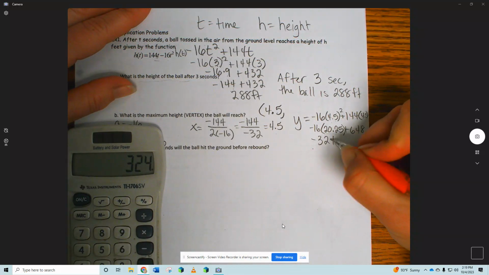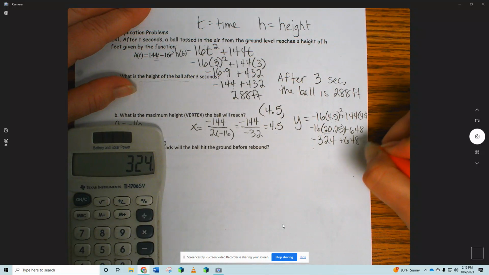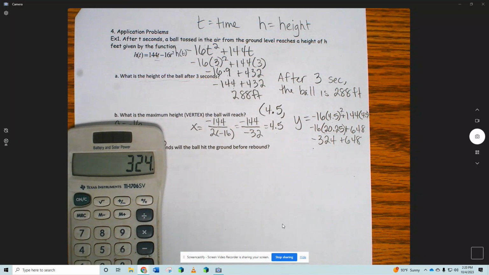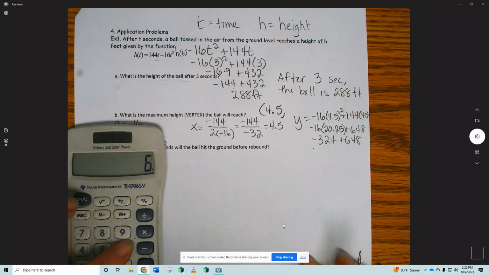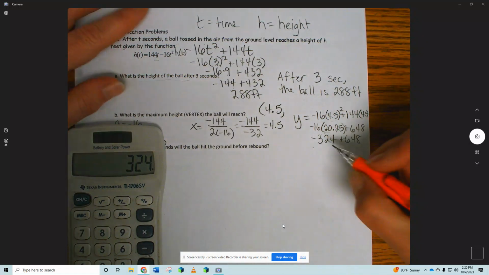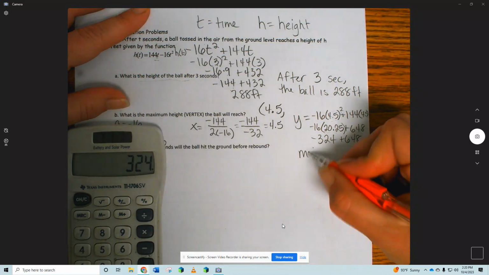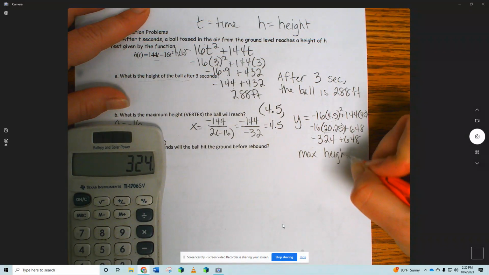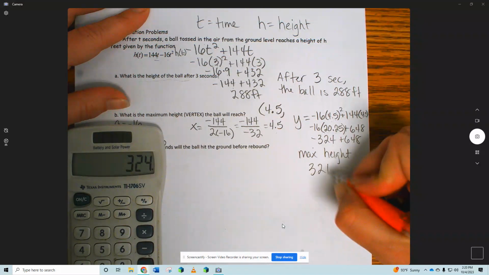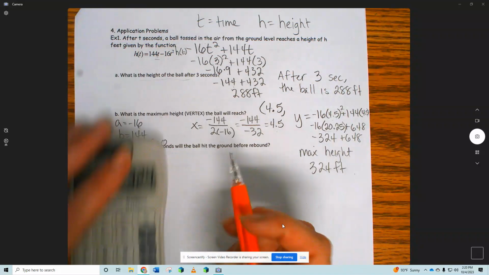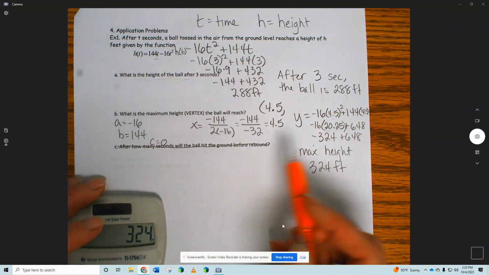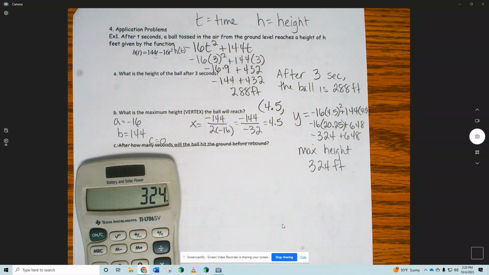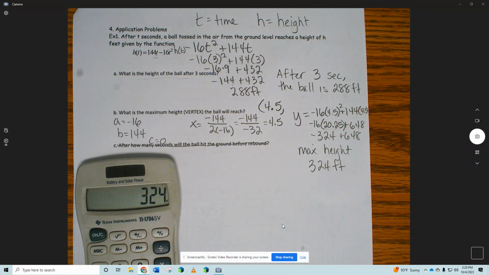Negative 324 plus 648. 648 minus 324. Oh, max height, 324 feet. And we're not going to do C. But all that math is exactly what you would have to do if you were given a calculator.